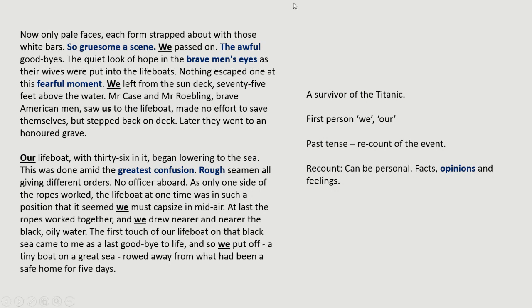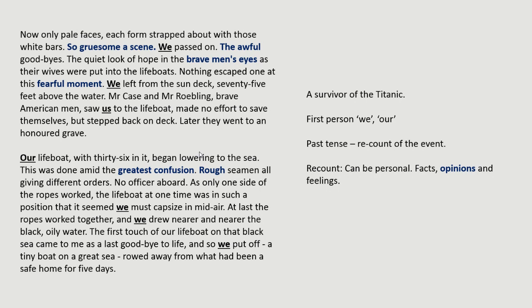And you can see I have just colour-coded in blue opinions that are most prominent. So gruesome a scene. So their personal opinion was that the scene before them of all these people drowning was gruesome. Now the reader is probably going to agree that seeing thousands of people drowning is quite gruesome.